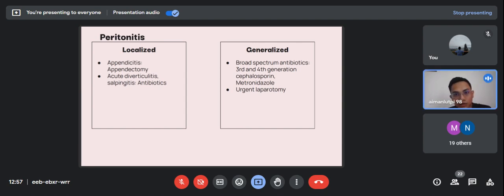So if we cannot diagnose anything, then urgent laparotomy is indicated. Cannot do anything tu maksudnya cannot bagi antibiotik pun. I mean, if we cannot determine the source of peritonitis, the causes of peritonitis, urgent laparotomy is indicated.